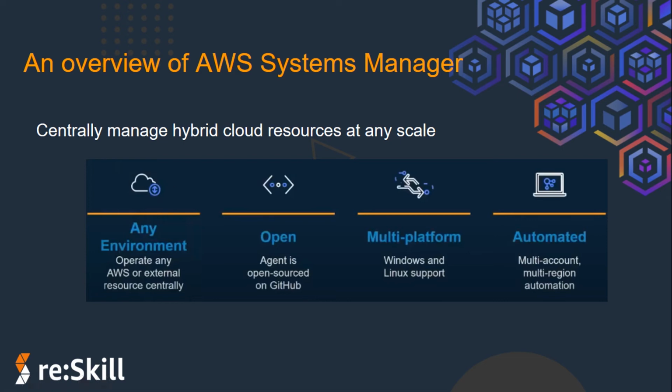Using the Systems Manager console, you can do a lot of things, like view the operational data from multiple AWS services and automate a lot of operational tasks across your AWS resources. It helps you maintain security and compliance by scanning your managed nodes. So what are the managed nodes that I'm talking about?